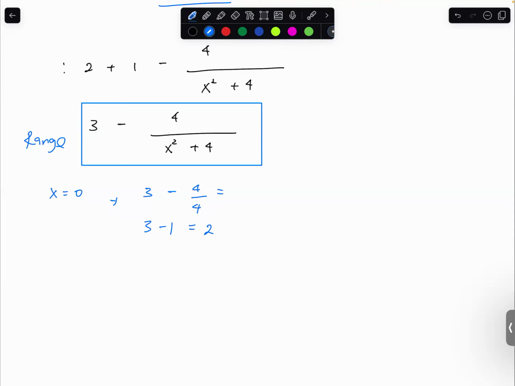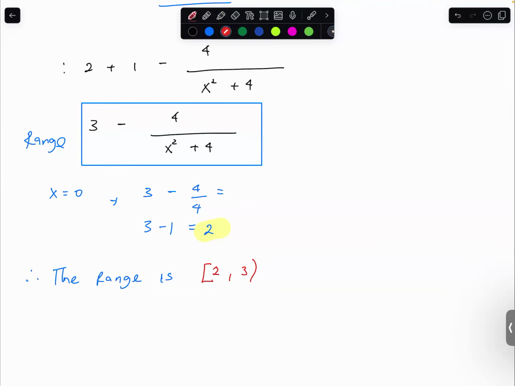Now you can see that the range of this function is 2 to 3. So the range of the function is going to be between 2, we have it here, and 3. The reason why it can never be 3 is because this will always be some small number.